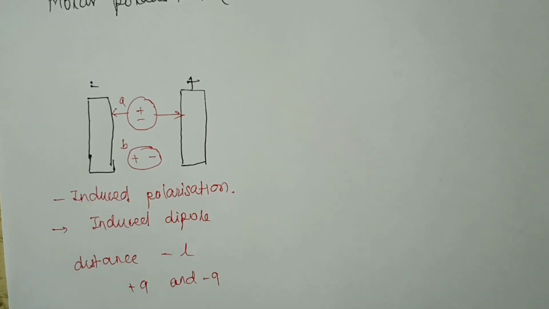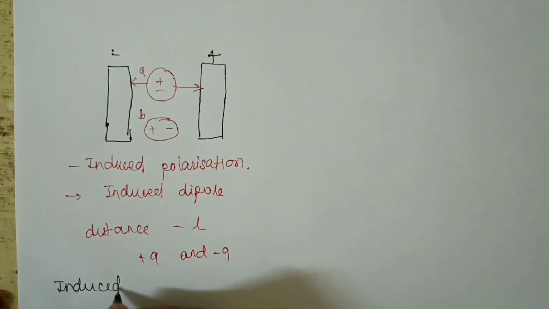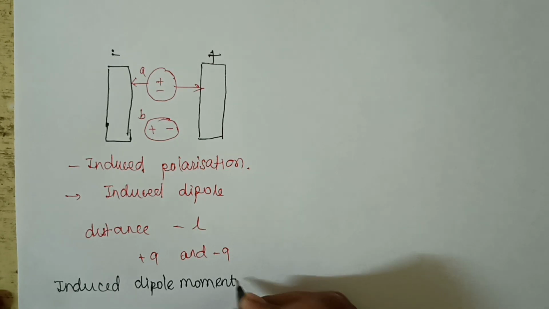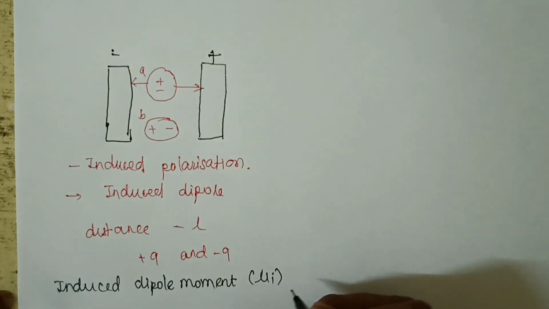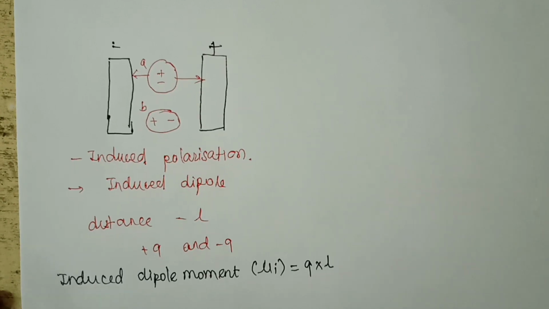Then the induced dipole moment, denoted as mu I, where I stands for induced. As we have already seen, the dipole moment is given by q into L. In this also, it is q into L.